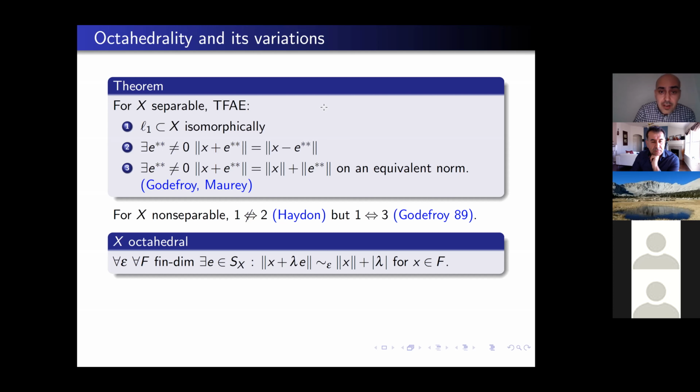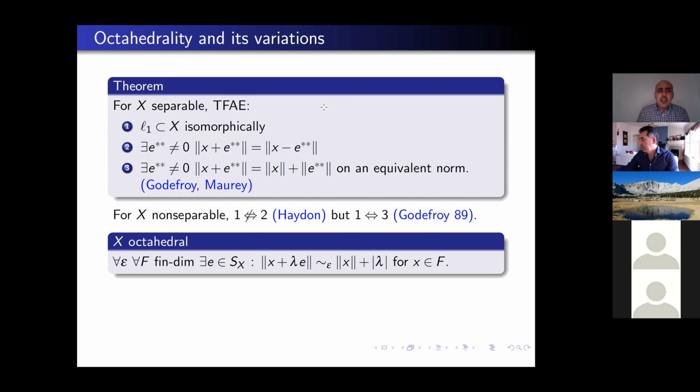So these conditions are related to another condition that has become perhaps better known because of having a popular name, which is X, a Banach space, being octahedral. I wrote the definition of octahedrality here in the slide, not so precisely, but it says something similar to what we have above with elements of the bidual.